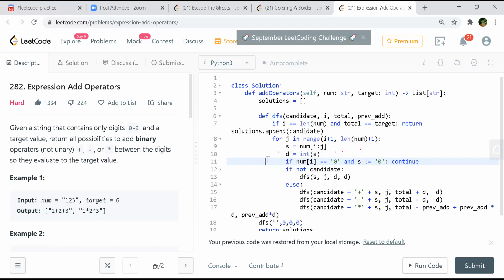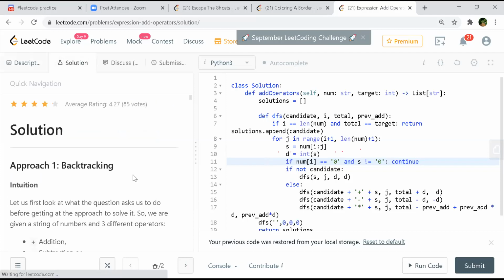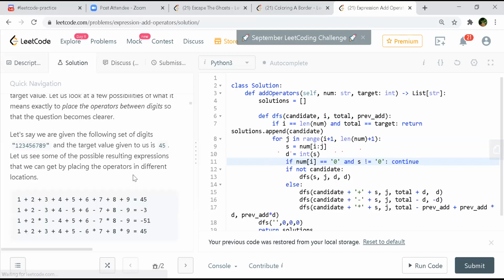In the solution, they explain some backtracking method. Is it the same or something different? These are backtracking only, yes. Is even the solution the same? You mean the problem statement solution, right?